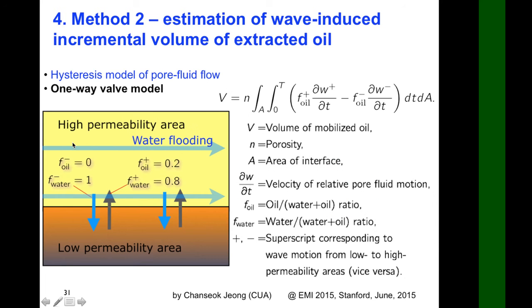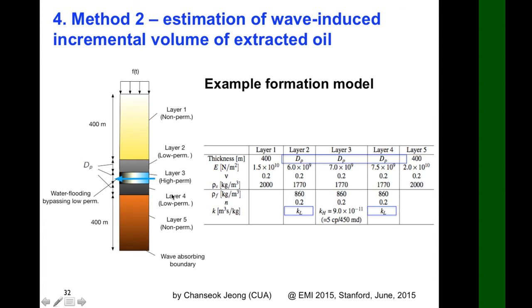By using this hysteresis model, we consider this example formation model, where we have very high permeability area surrounded by low permeability areas, and we are going to estimate the incremental oil production, volume of extracted oil from this low permeability to high permeability areas.